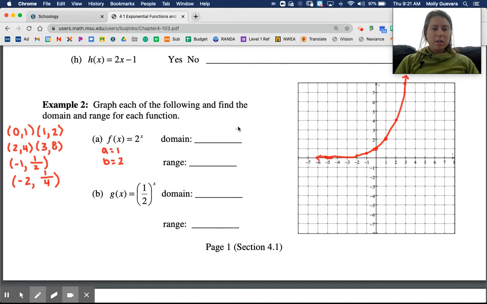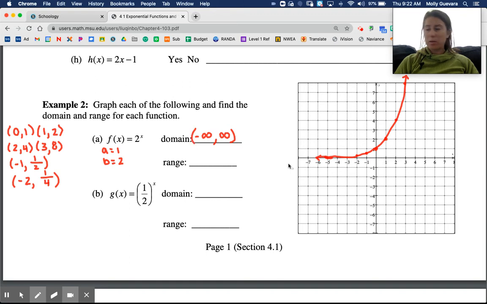Okay, so now let's find the domain and range here. How far to the left does this graph go? Well, there's an arrow, so it keeps going on and on and on, so it goes on to negative infinity. And then how far to the right does it go? Well, again, it has an arrow, so it keeps going over, right? So it goes up to positive infinity.